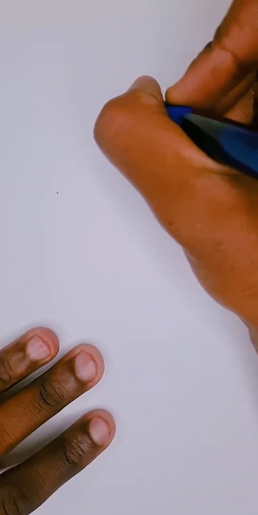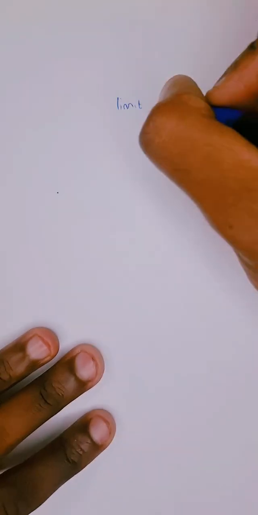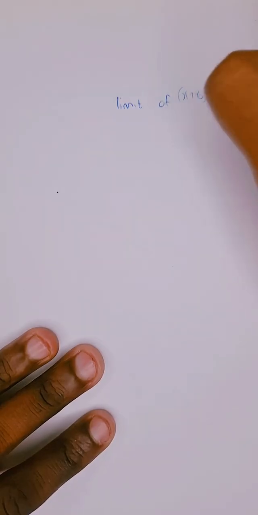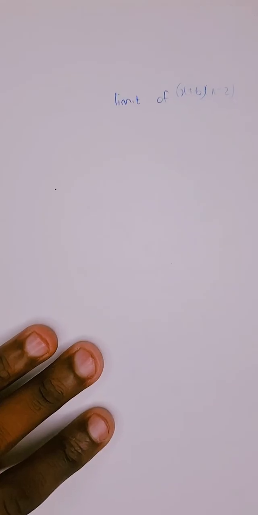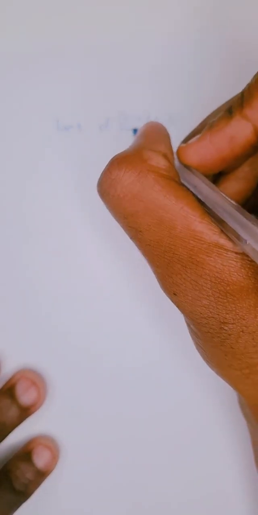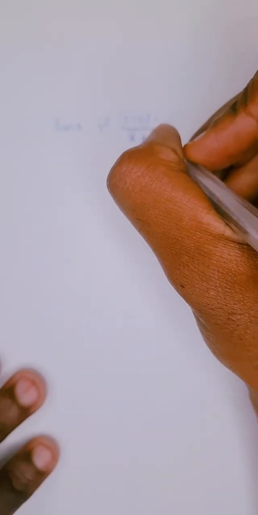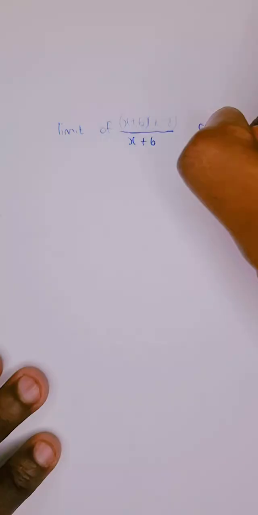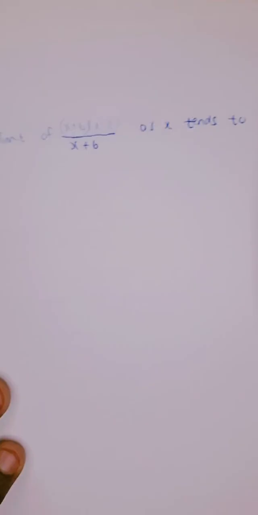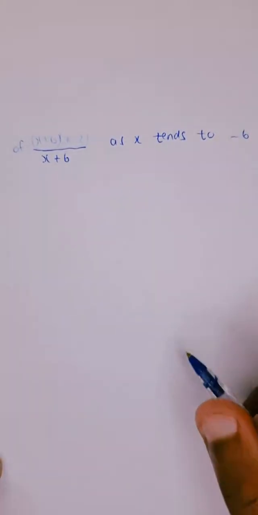You say the limit of x plus 6 into x minus 2 over x plus 6 as x tends to negative 6.